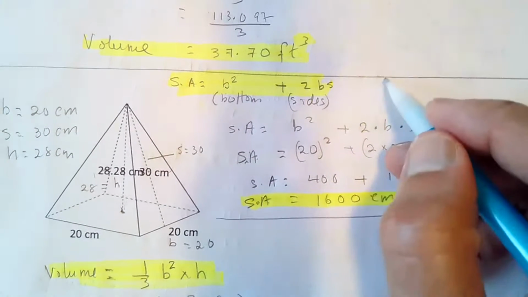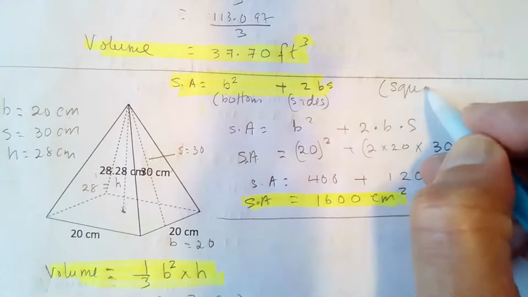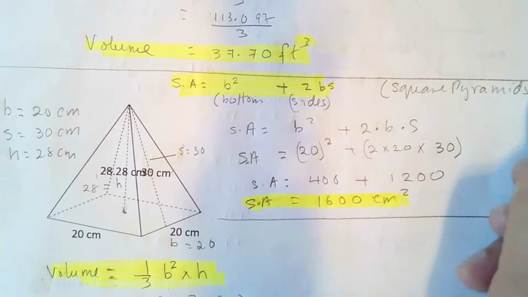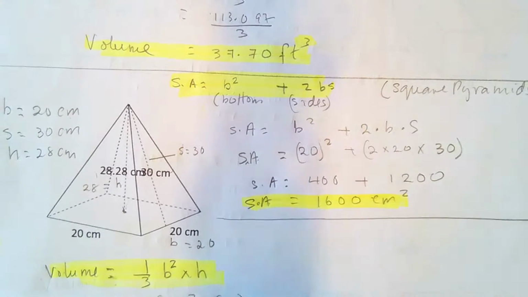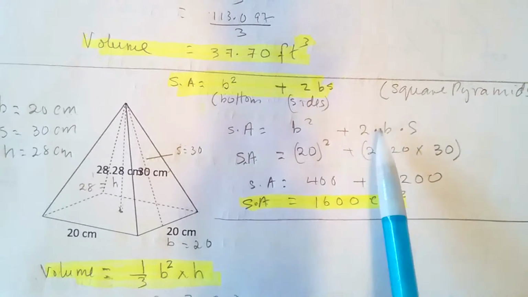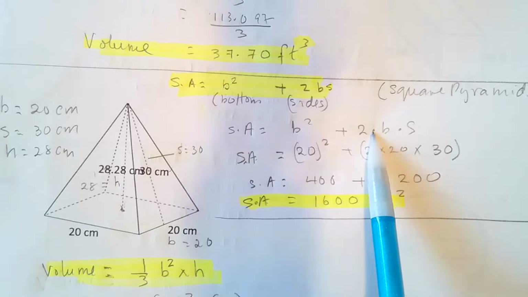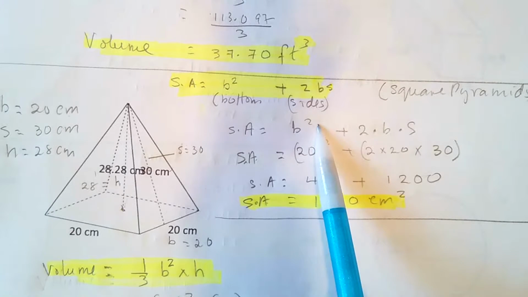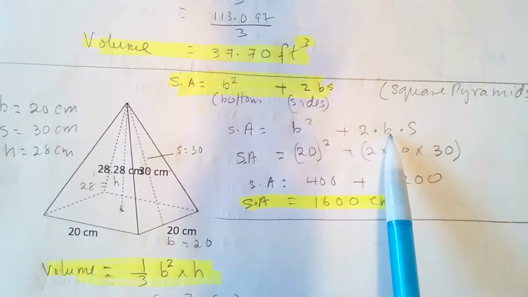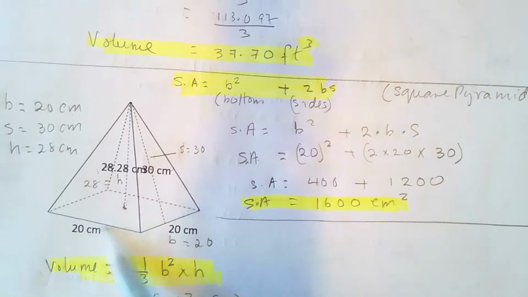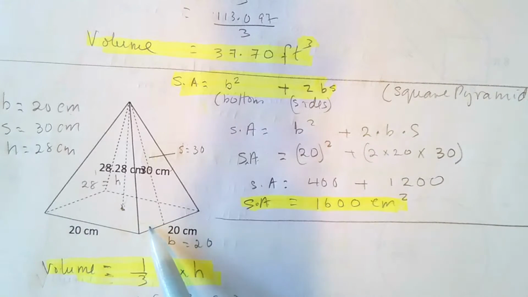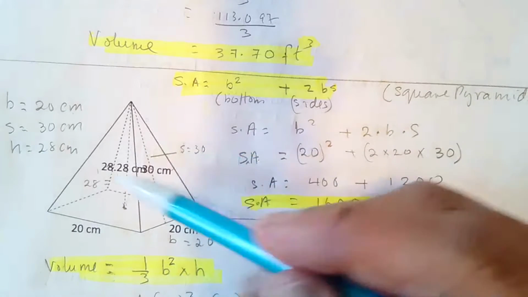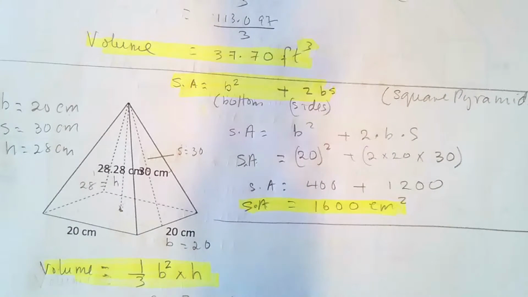Should indicate that, only for square pyramids. This will not be the same formula you will use. It's related, but this will not be base squared. It will be length times width. And then this will change because the different dimensions here will be different. So this side will not be 30. So now you have to do it for two different sides.